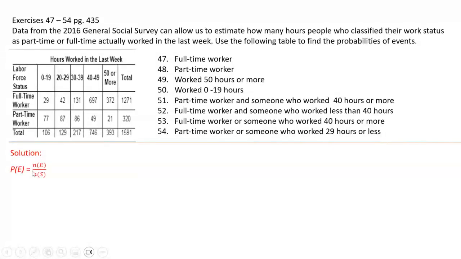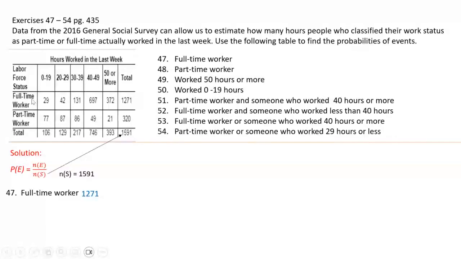So for 47, it's going to be the probability of E, the number of E over N of S. First of all, this is my sample space, 1591. The number of full-time workers will be 1271, because they don't specify if it's a full-time worker working all these hours.